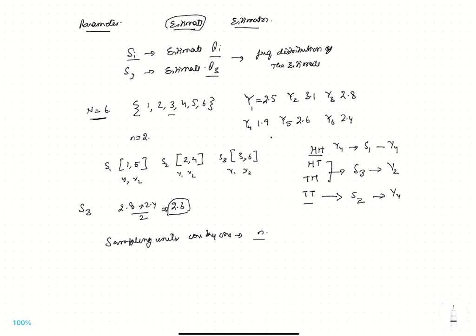For this we pre-specify the probability of inclusion of each sampling unit. That's the important thing: for probability sampling, the probability of inclusion of each sampling unit has to be pre-specified.